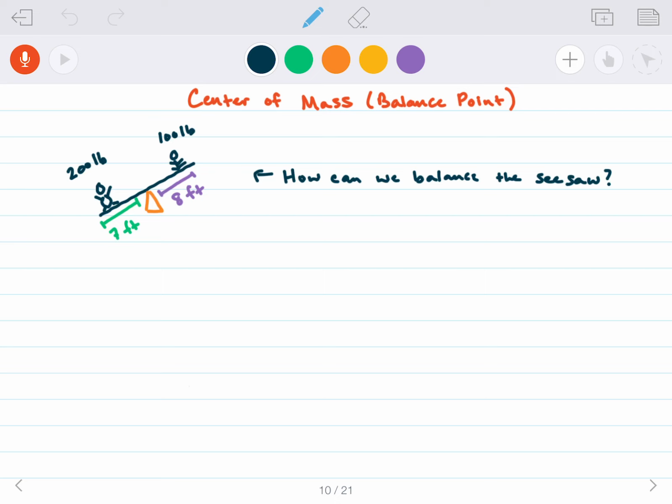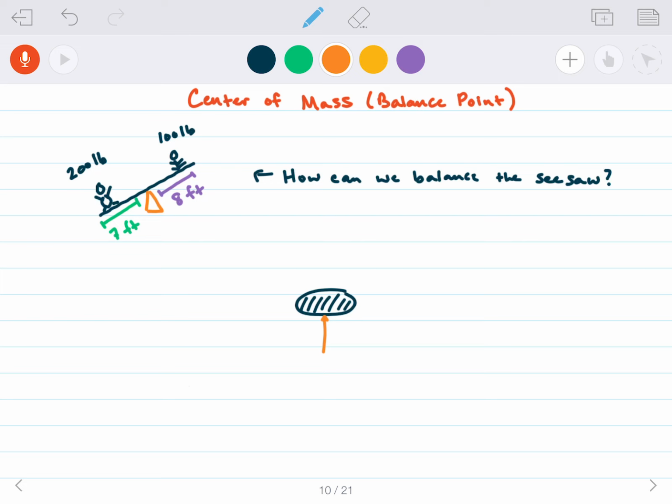You can imagine, if you have just a rock of uniform density and you try to balance it, well, if it's uniform density, the balancing point is going to be directly in the middle, for anything that has uniform density.